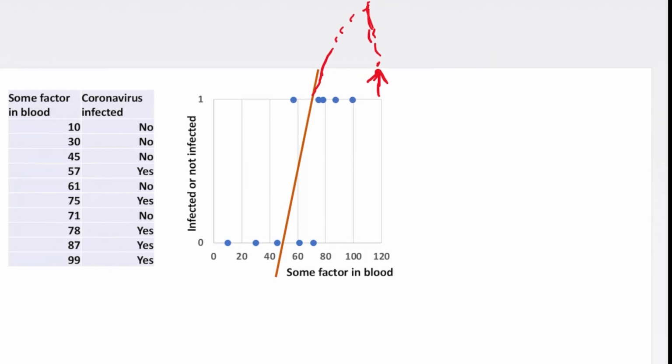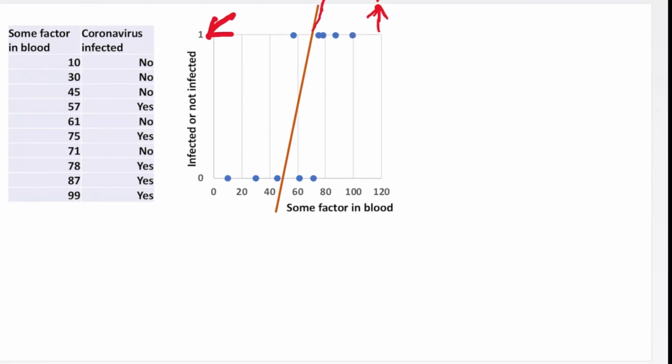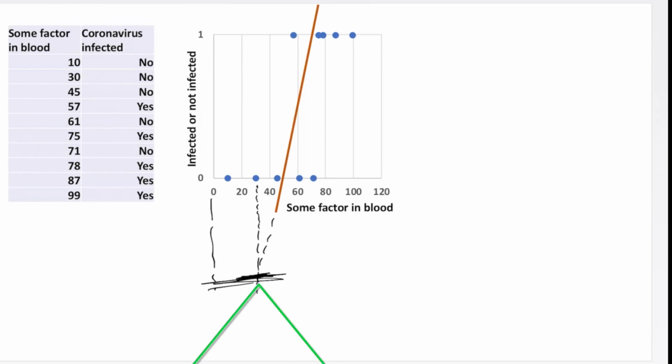So the value will not be very close to 1, rather it will be very, very far away from 1 in the positive direction. Similarly, if in a sample we find that the amount of that particular factor in blood is 30, then basically 30 is somewhere here. Therefore, the infected or not infected column will crisscross here.